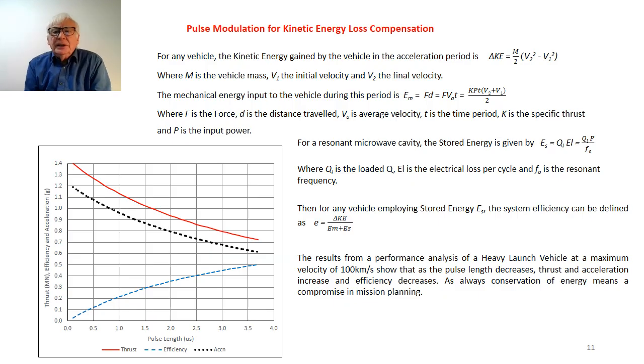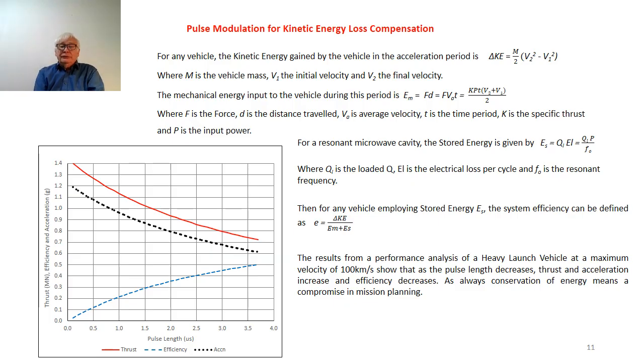So if we take these equations, we can define the system efficiency for an accelerating vehicle. And the efficiency is going to be the output energy, which is delta KE, divided by the input energy, which is the mechanical energy EM, plus the stored energy ES.